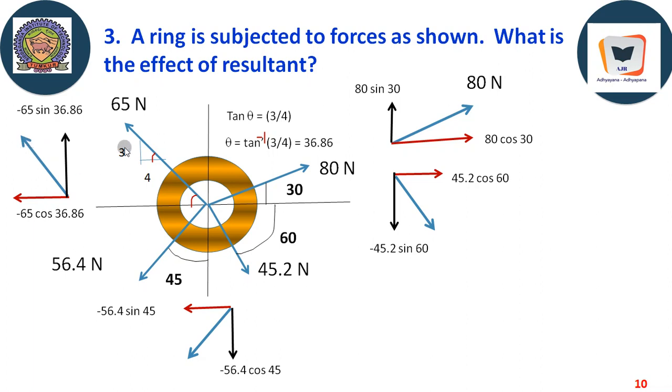As far as 65 Newton is concerned, 65 is going parallel to this, and this is the vertical component and this is the horizontal component, and it is minus 65 cos 36.86, and plus 65 sine 36.86.